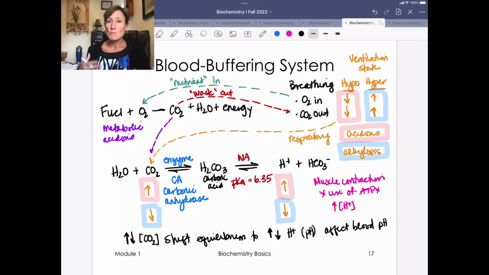As we'll learn when we learn about hemoglobin and oxygen delivery, all of these processes talk to one another in a positive feedback loop to indicate, hey, my muscles are working really hard, I need to bring in more oxygen to support that process. So we're going to see this blood buffering system set of equations again when we learn about how the hemoglobin highway works.